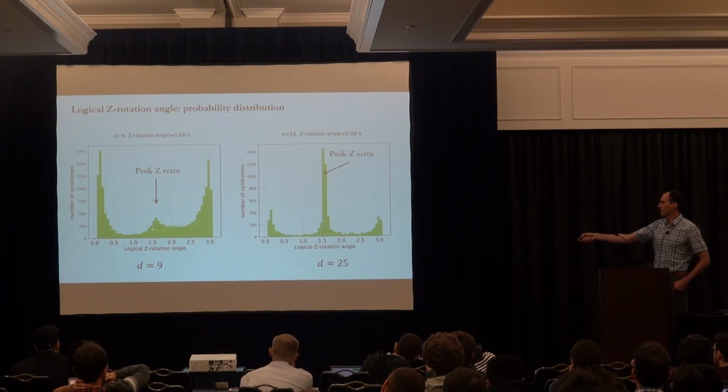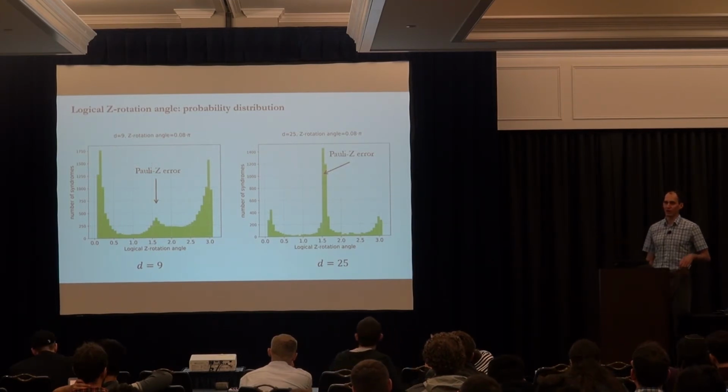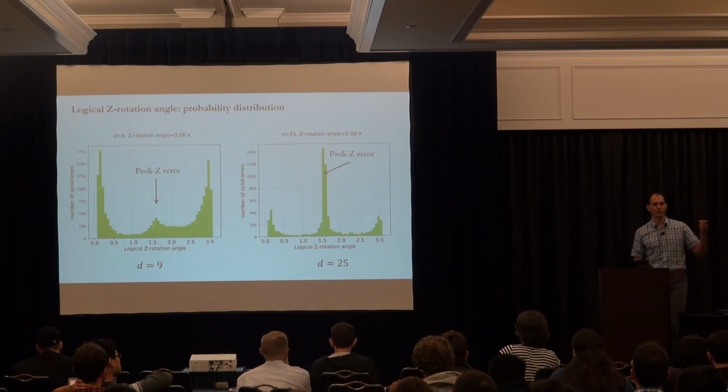You can see that on both plots, we have this peak located at logical rotation angle pi over 2, which corresponds to a Pauli logical Z error.